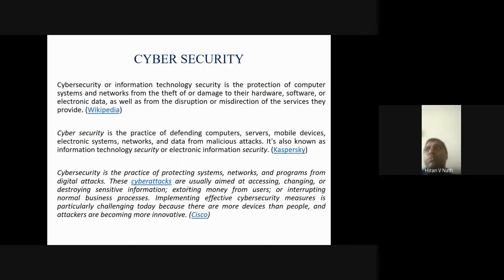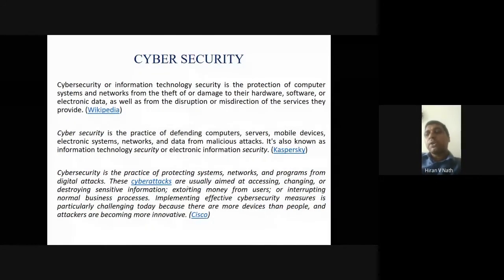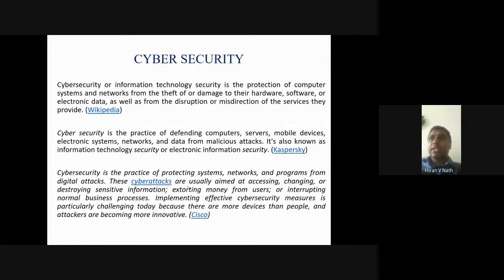But once we talk about cybersecurity and then the cyber forensic part, what we generally focus on is the devices.